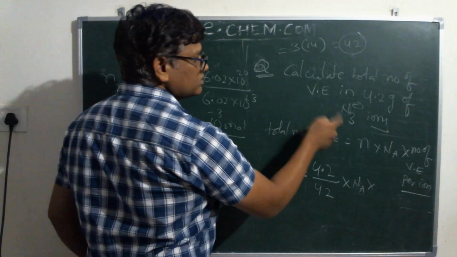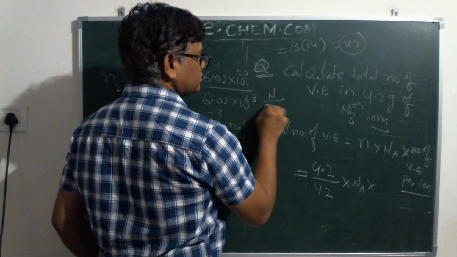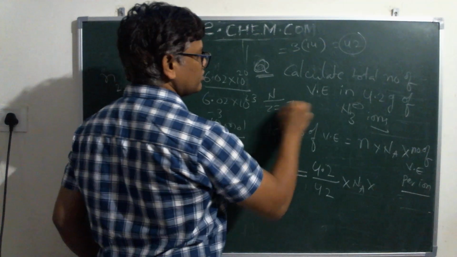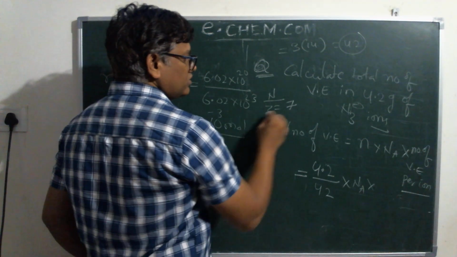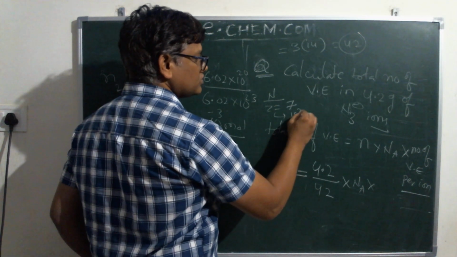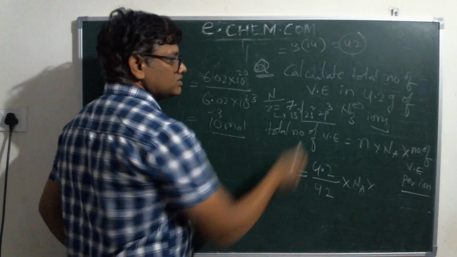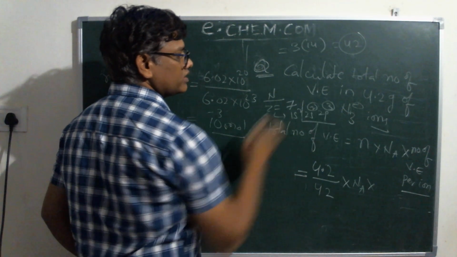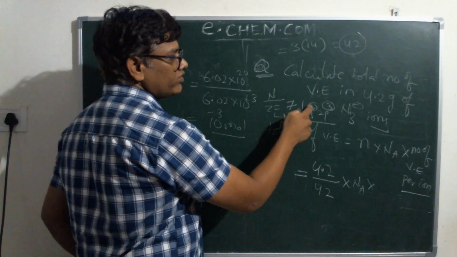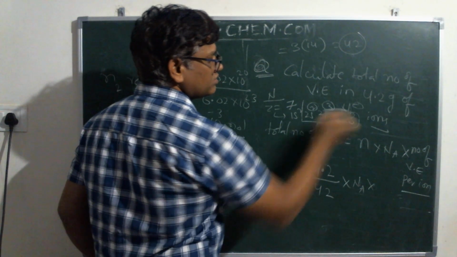Okay, the nitrogen atomic number Z value is 7. One nitrogen atom has 5 valence electrons: 1s2, 2s2, 2p3. The last shell consists of 5 valence electrons over here. So one nitrogen atom has 5 valence electrons. In total, how many nitrogen atoms are there? 3.